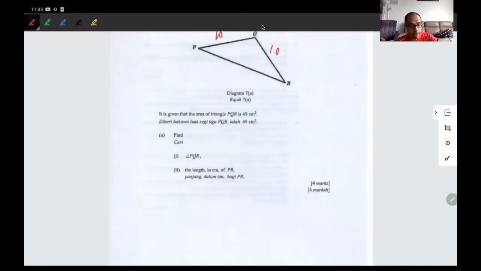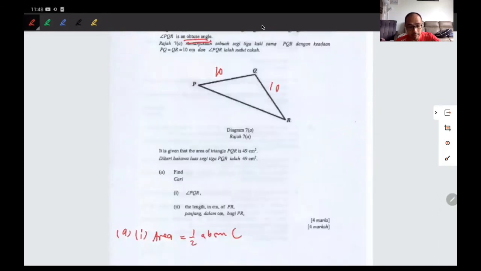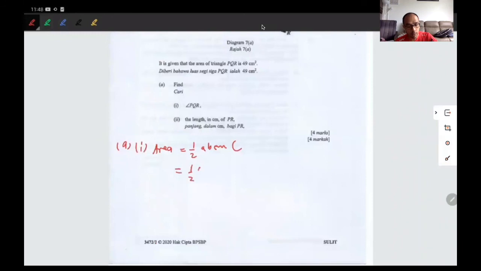So whenever you have area, you want to have 1 over 2 AB sine C. And since we want this angle, nasib baik we have these two sides. So we can always do 1 over 2 times 10 times 10 sine C. And the area is given as 49.